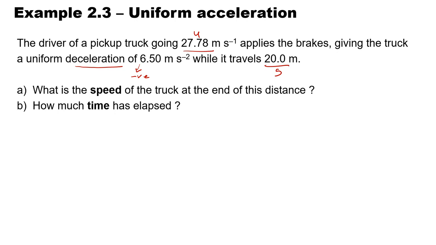Question A. What is the speed of the truck at the end? So, speed is the final speed, symbol V, at the end of this distance, 20 meters. Question B. How much time has elapsed?